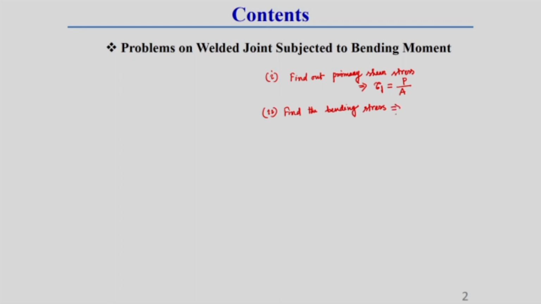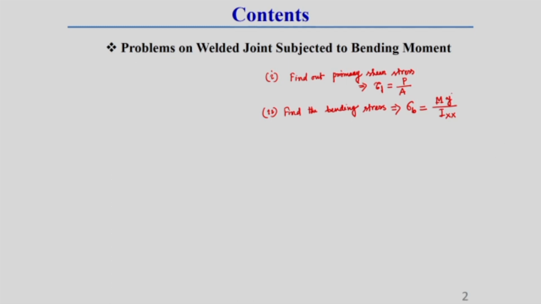Actually the maximum bending stress sigma b is equal to M y by I. Here for finding the bending stress we consider the second moment of area, or moment of inertia, along the axial direction of the beam. Generally we consider the axial direction as the x axis, so that should be Ix, the moment of inertia about the x axis.